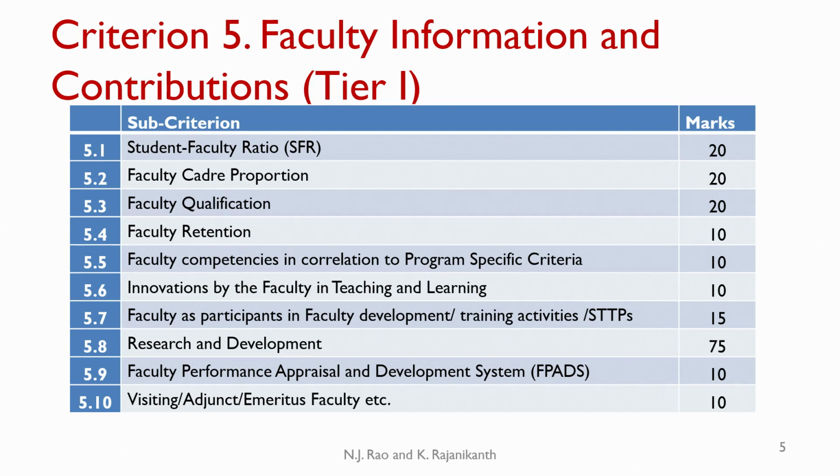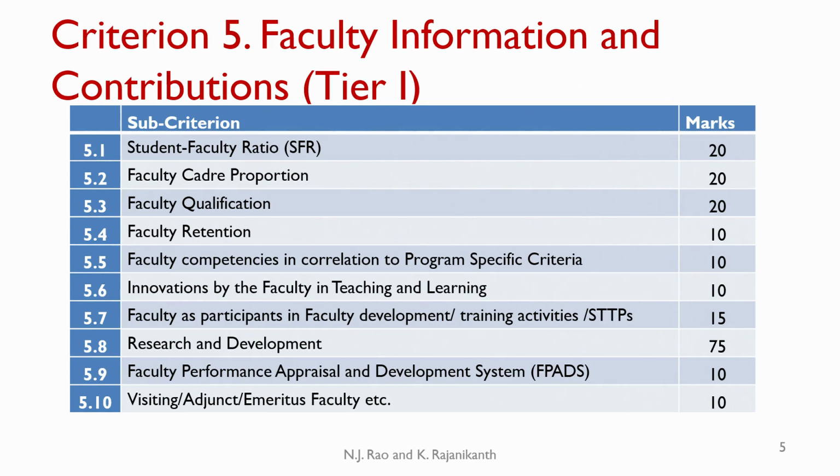So, what it means is the NBA expects Tier 1 institutions to have their faculty get involved more in research and development. And 5.9 is faculty performance appraisal and development system 10 marks, and visiting adjunct and emeritus faculty 10 marks.